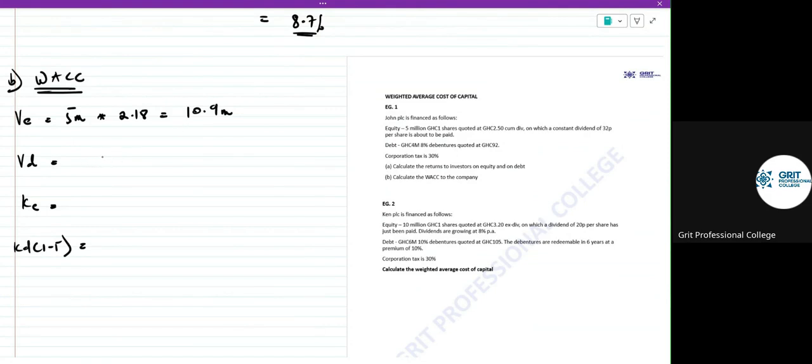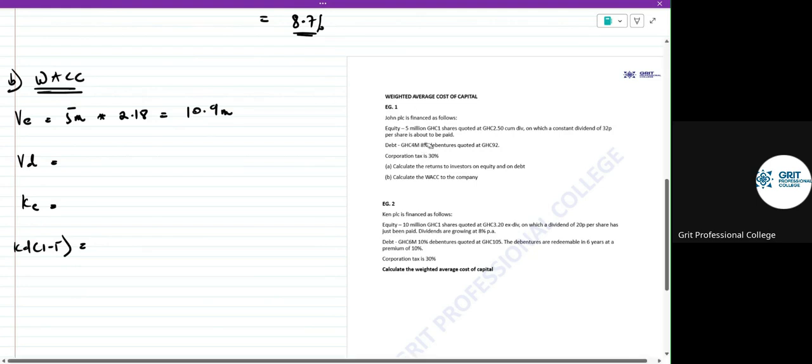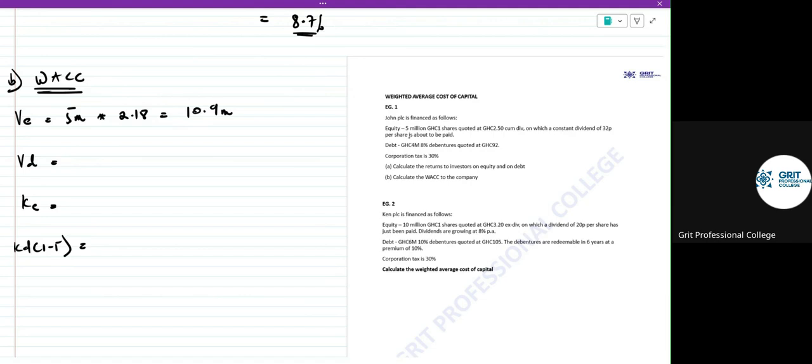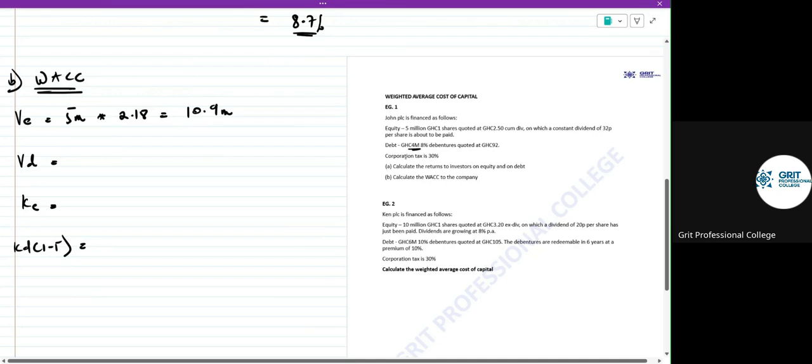Then when we look at the value of debt, like I've also told you, the 4 million we have here in total means that some units of the bond were put out for issue and people bought them. All of these bonds had a par value of 100. So the question is, how many units of the bond were issued to raise the total 4 million cedi face value?